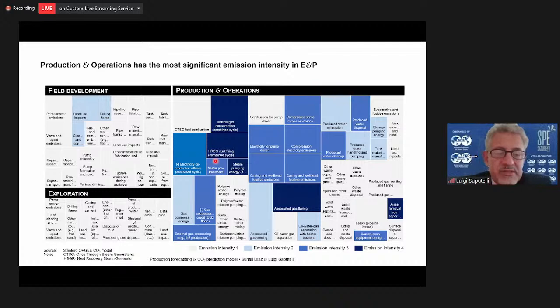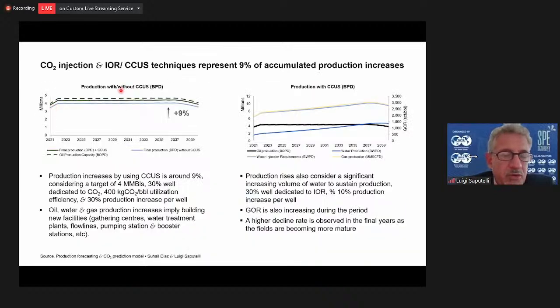So what are the results? Imagine this company that we mentioned, the 3.5 million barrels, and what will be the impact of producing with or without a CCUS process?